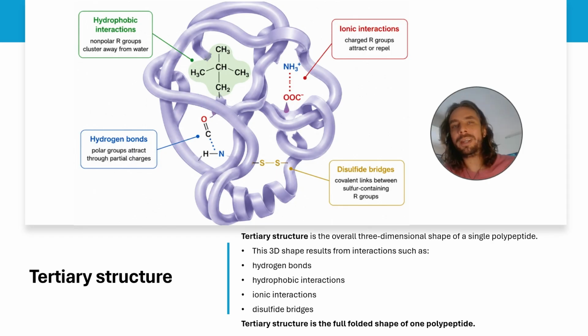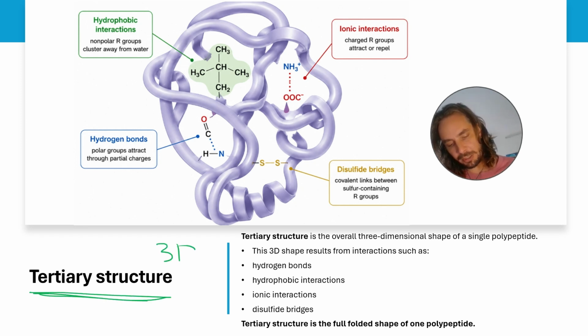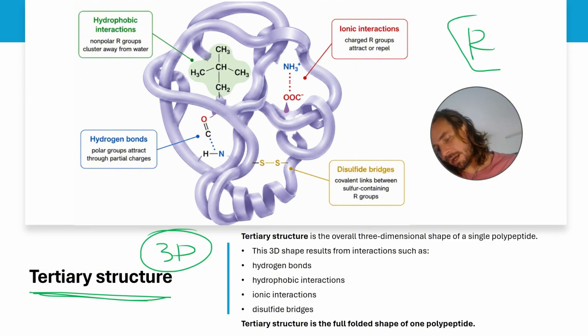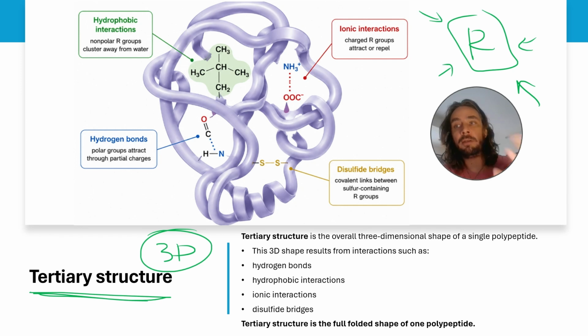Just to give a quick overview of the tertiary structure. Now this is the overall 3D shape, and this is because of the R group interactions. And remember, each amino acid has a different R group. And there are four main interactions that you need to know about. You need to know about hydrophobic interactions, where the group is nonpolar; hydrogen bonds, which happen through partial charges.